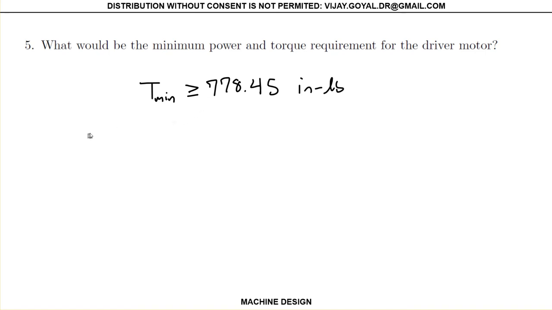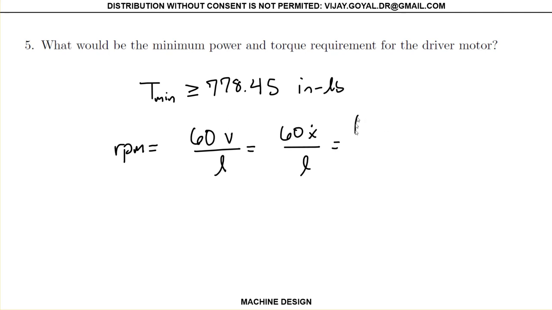So one of the things I can do then is I need to find my RPM, and your RPM is given by this equation. This is given by your velocity over your lead. So velocity, x dot, over your lead, okay? And what I had in the problem was this 60 seconds per minute.